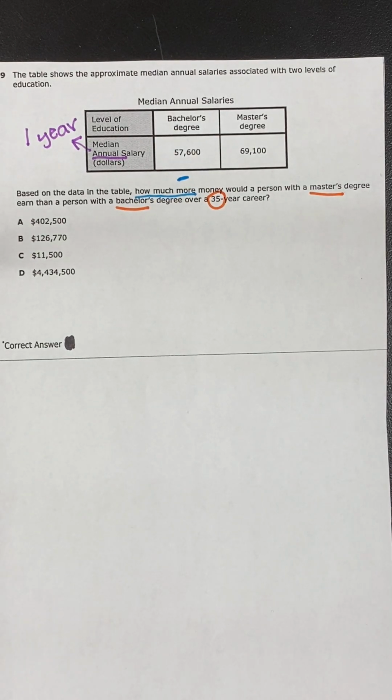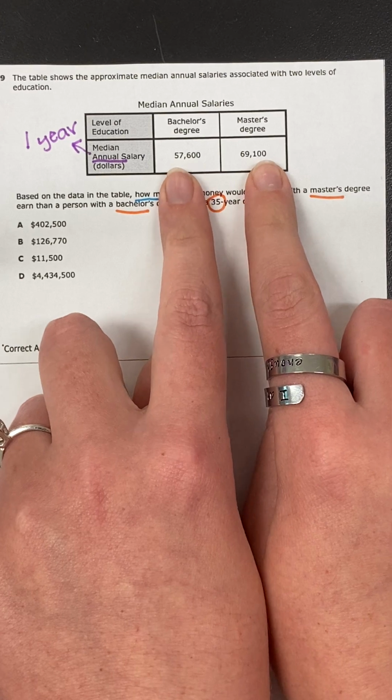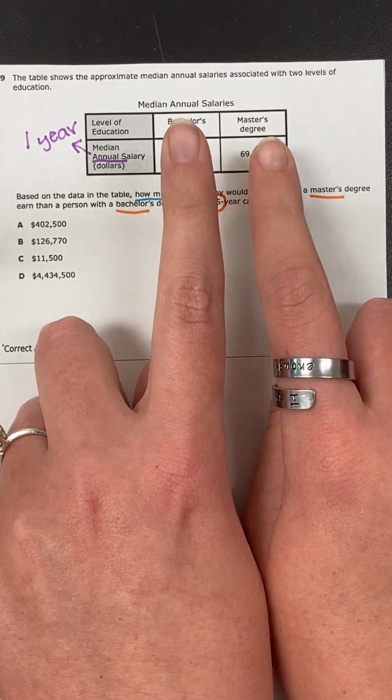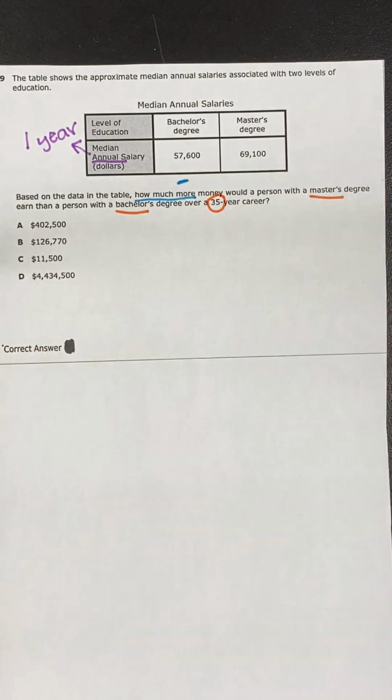There's two different ways you can do that. You can either subtract these two and multiply it by 35, or you can do this times 35 and this times 35 and subtract. I'm going to do the first way because subtracting with smaller numbers is easier for me.